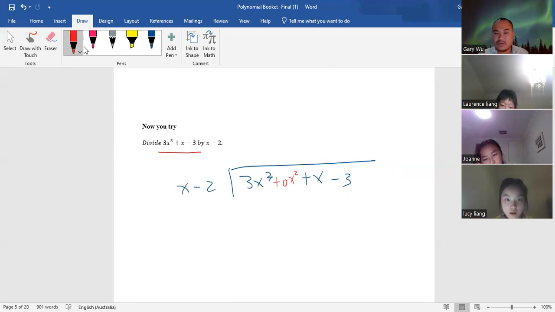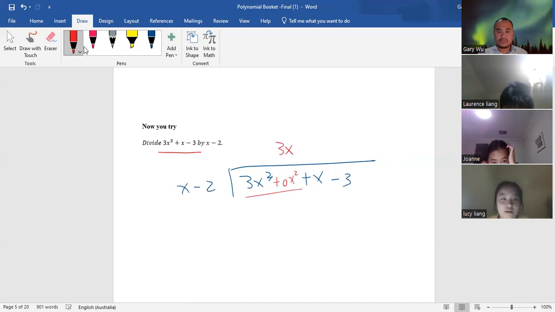Lucy, let's do it together. So what would be the first one? How many x minus 2 can go into the first two terms? 3x. You sure? 3x squared. Oh, sorry, square. Yes.